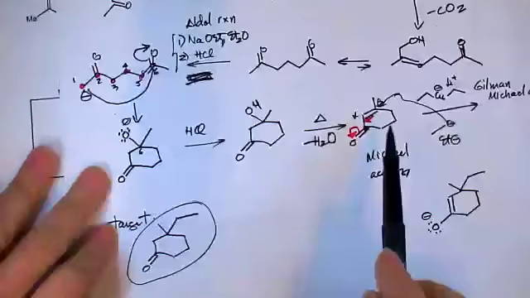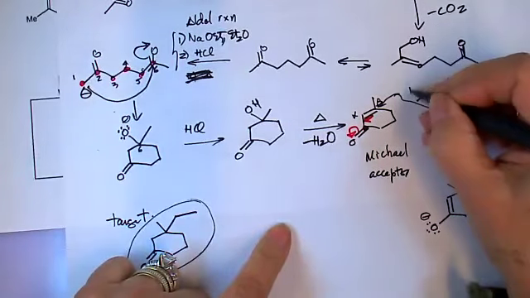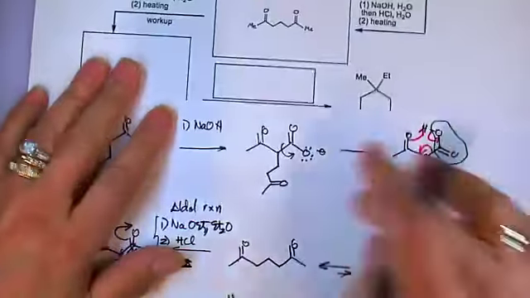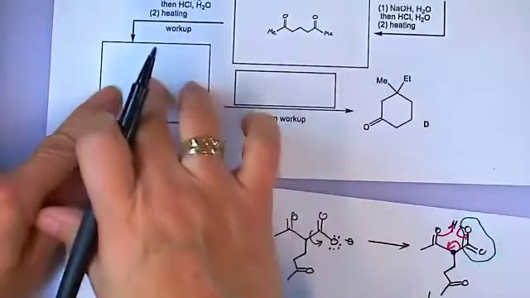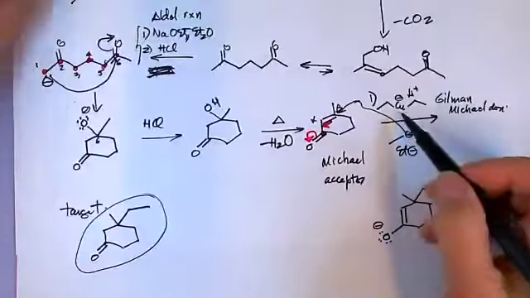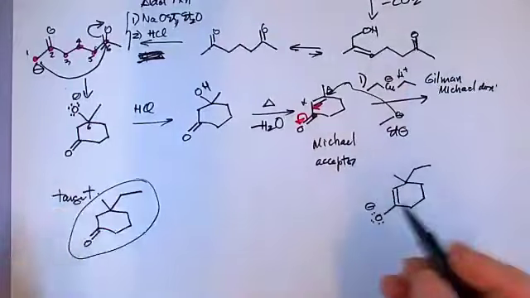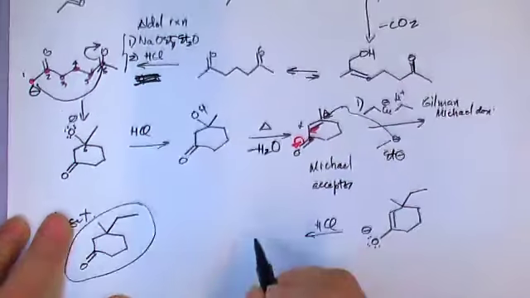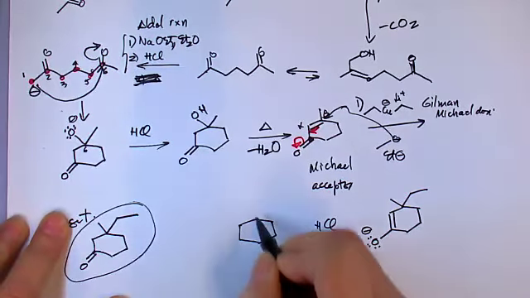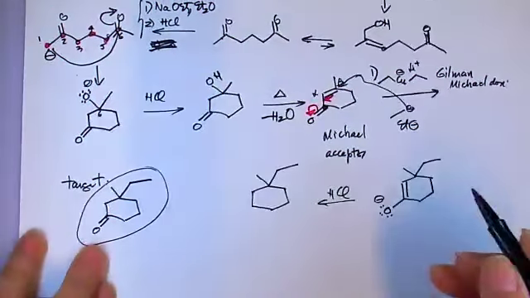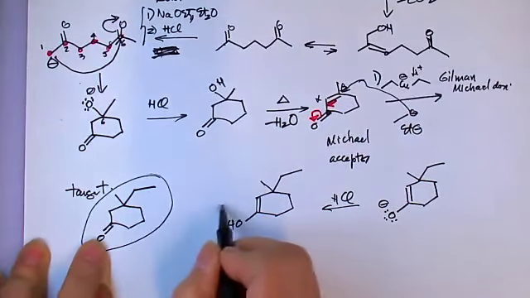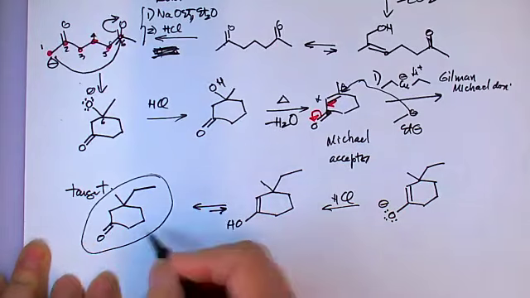How do I get from the aldol condensation to that? The first step is Gilman, and then an acidic workup. Now I have what I need for my target, and this is going to become OH. The final step is simply a tautomerization step. That's the tautomer.